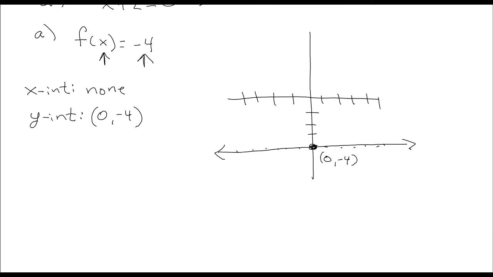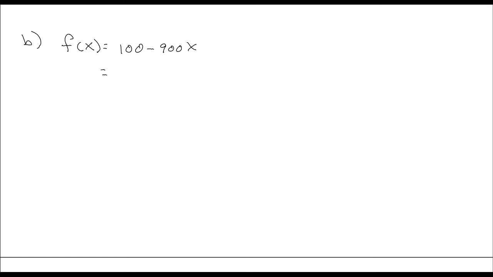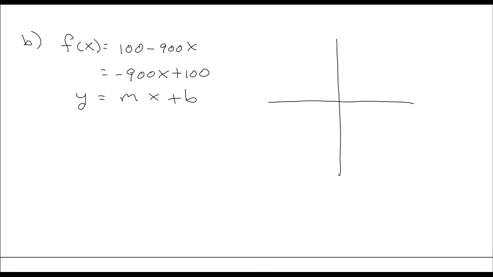Now for b, the function is f of x equals 100 minus 900x, which I'm going to write as negative 900x plus 100. And that way it's in the more familiar form of y equals mx plus b. So my y-intercept is 100. And the slope is negative 900, which I can write as negative 900 over 1.